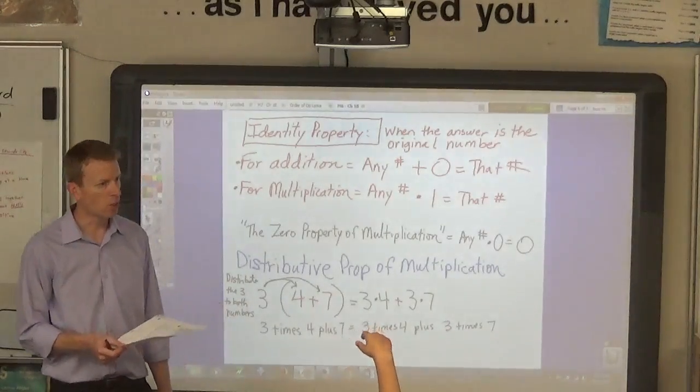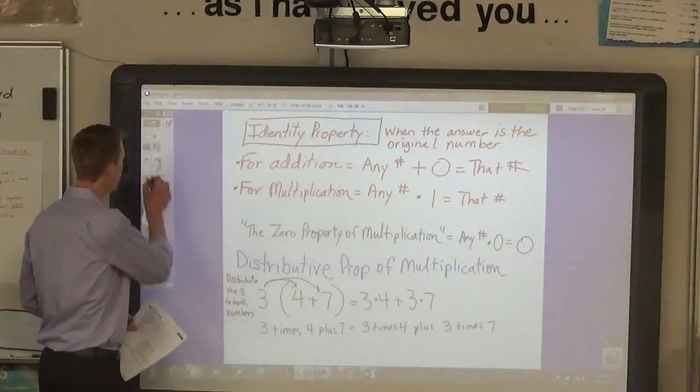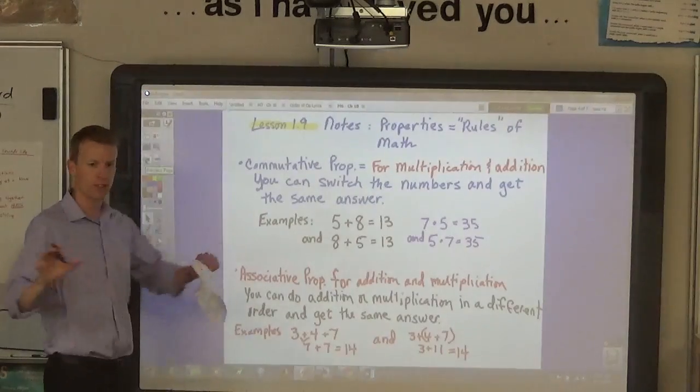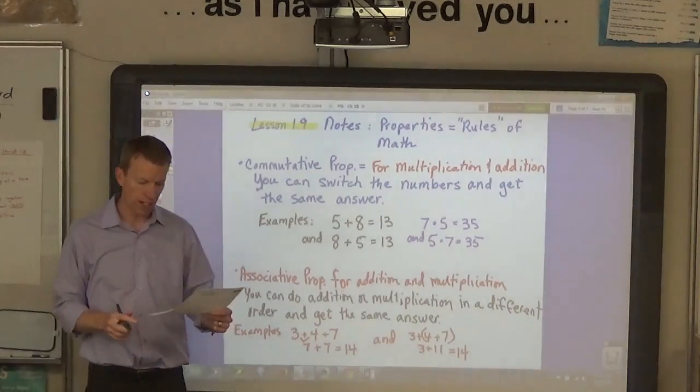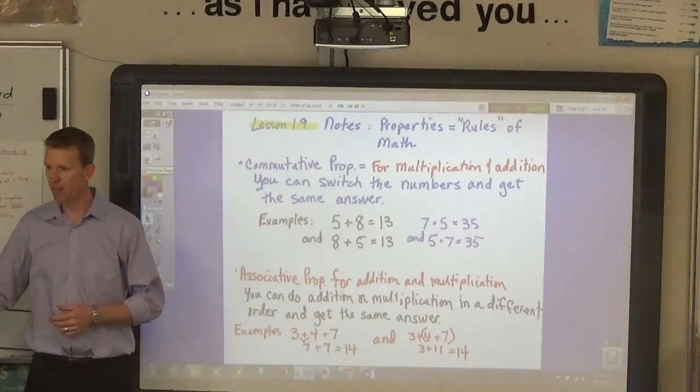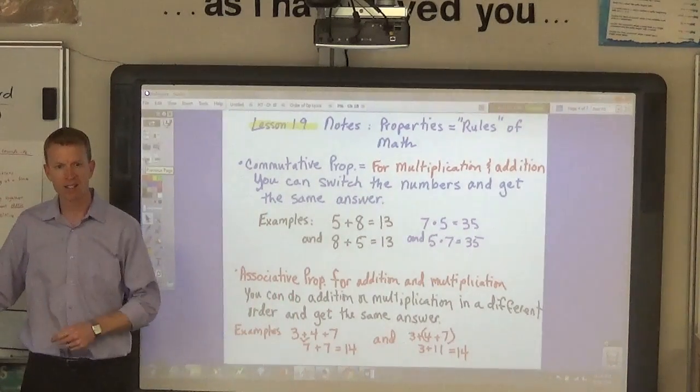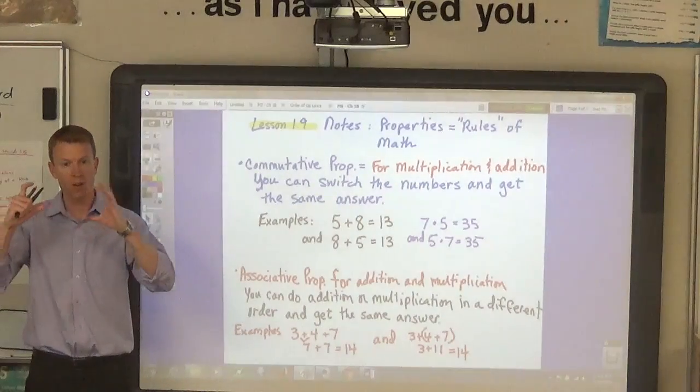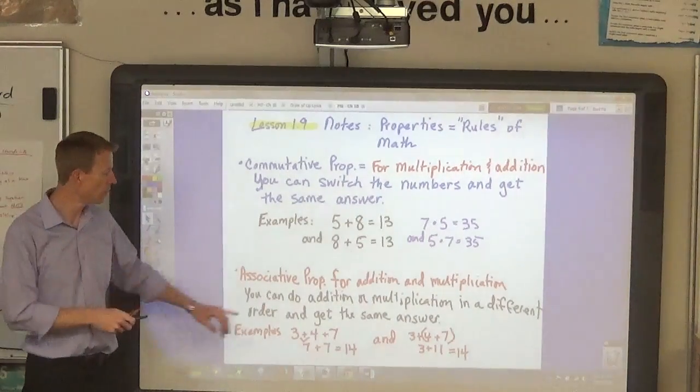They're in the same order. So it's not the commutative property, because that switches the numbers around. What is different on the right side versus the left side? Katie? Associative? Yeah, the parentheses are moved, so it's the associative property.